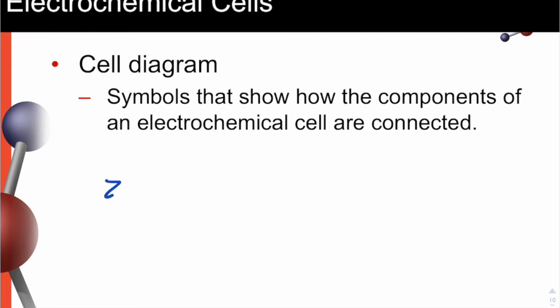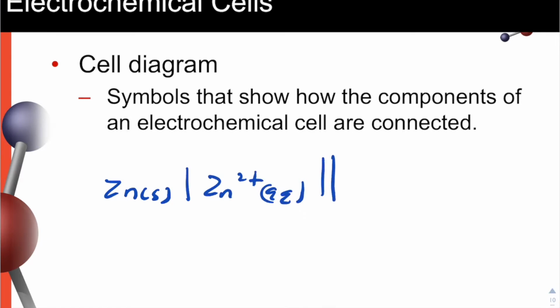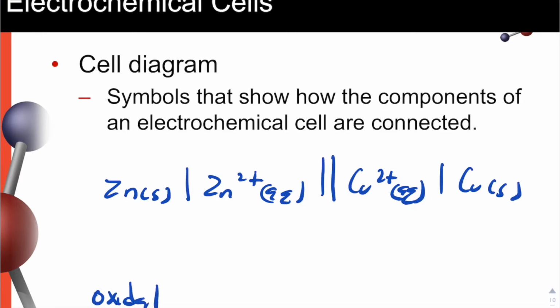We're going to say zinc solid was converted to zinc 2+ ions, and then copper 2+ ions were converted to copper solid. So the oxidation is always on the left, and you write it exactly the way it's occurring, zinc going to zinc 2 plus.